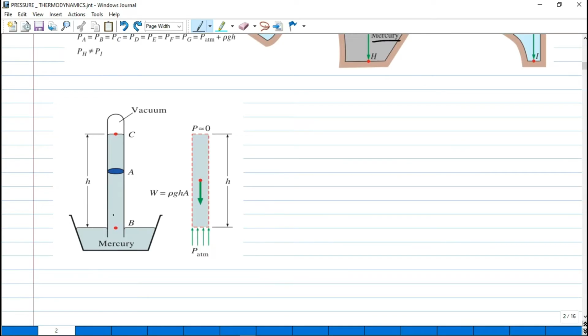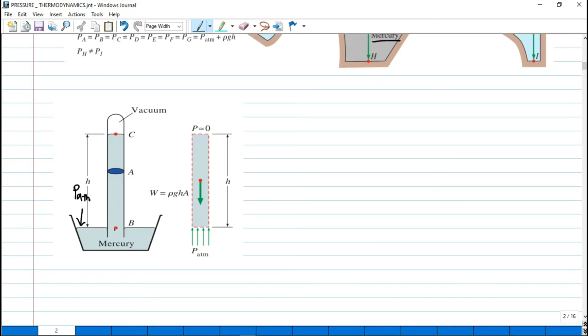We have here an inverted tube, wherein the pressure of the atmosphere has a force that pushes the fluid, so the fluid will rise up the tube. It will rise to a certain height H.